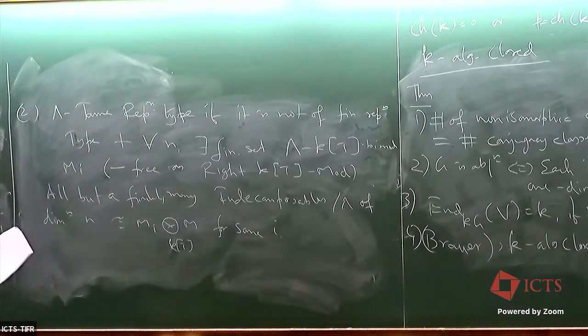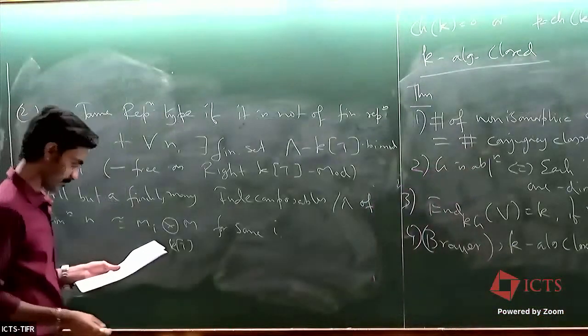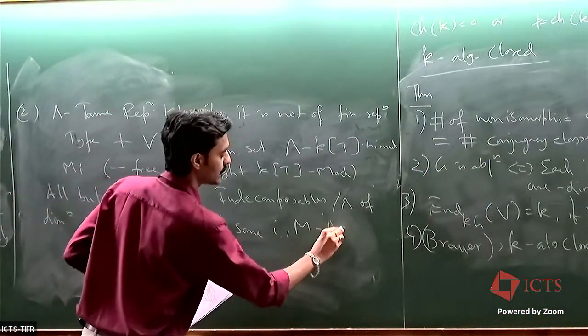Since these Mi are lambda-k[t] bimodules, from the left hand side we get a lambda module structure on that. And where this M are indecomposable k[t] modules.